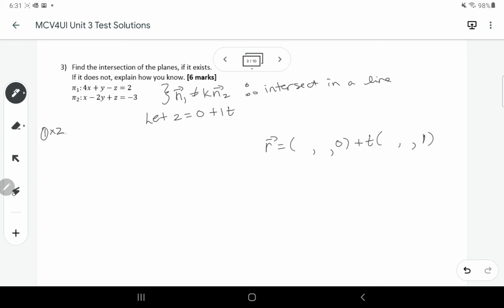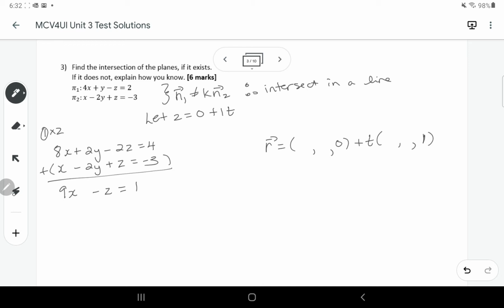So equation 1 times 2 gives me 8x plus 2y minus 2z equals 4. And then I'll just keep x minus 2y plus z equals -3. And I will add down. So I've got 9x minus z equals 1.